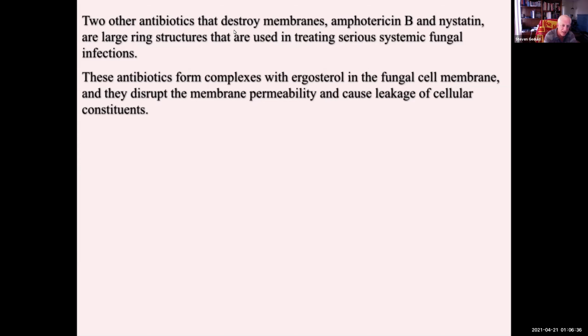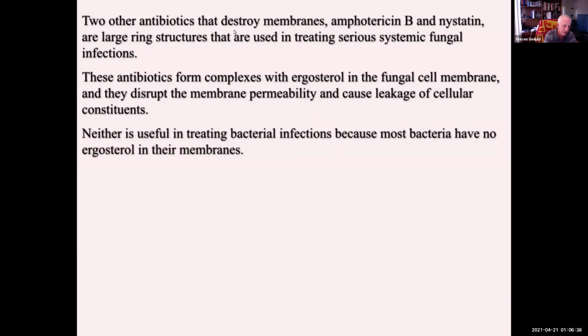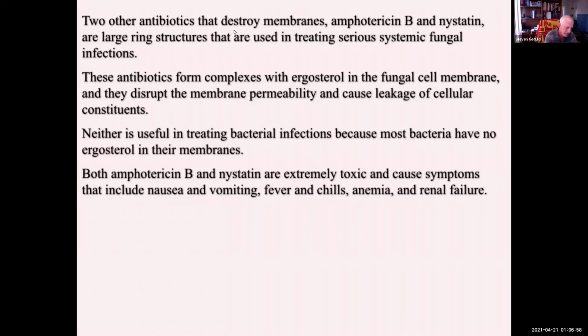We'll use the rinse. Neither is useful in treating bacterial infections because most bacteria have no ergosterol in their membrane. So those are antifungal drugs. Nystatin and amphotericin B are only for fungi because bacterial membranes don't have ergosterol. That's why you can use them for fungal infections.